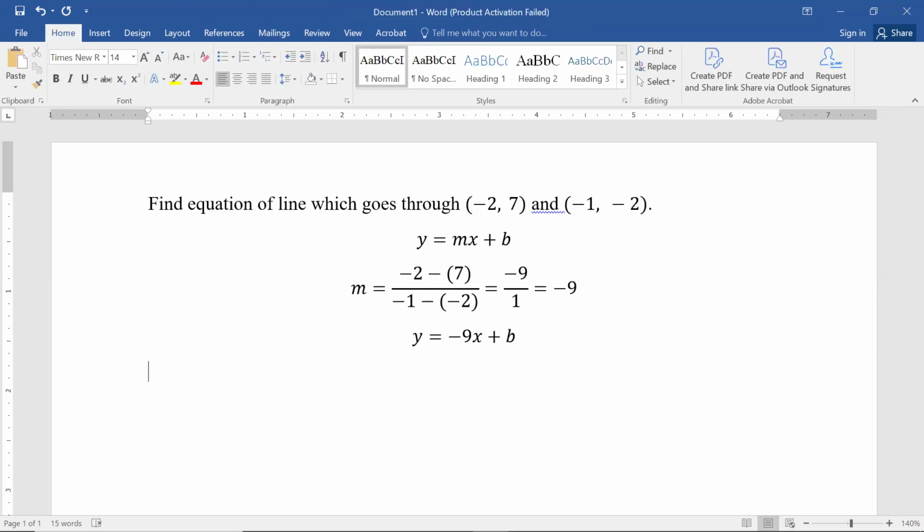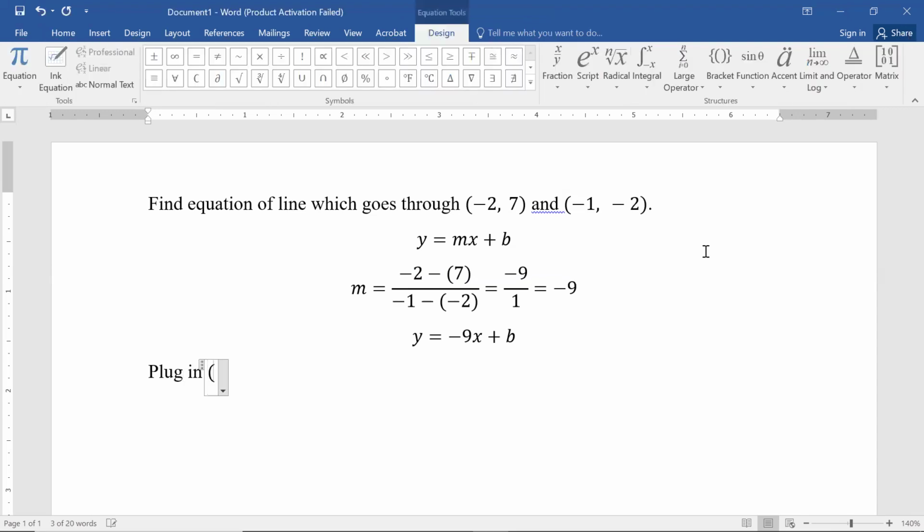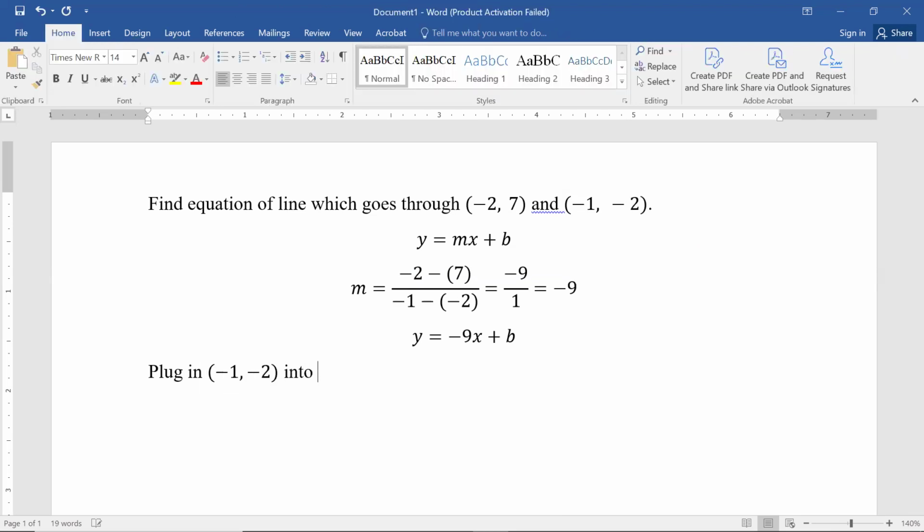Now that I know what my equation looks like, except for the b value, I find the b value by plugging in one of the 2 points. Doesn't matter which one. I'll use the second point. So I will plug in the point (-1, -2) into that equation.